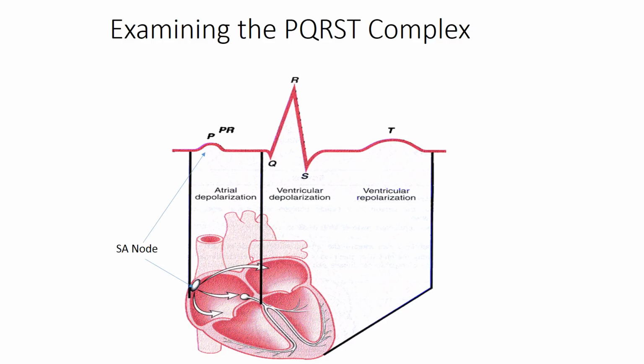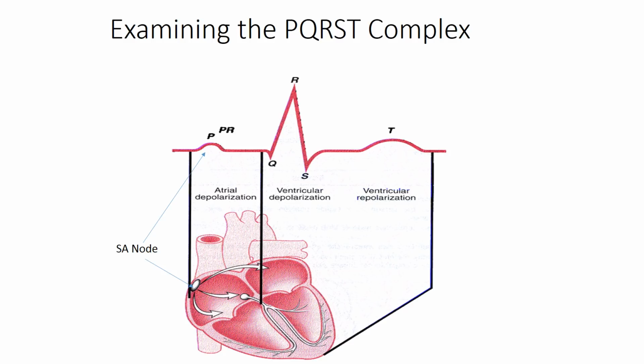Next, after the P wave, we flatline. There's no electricity, we're just waiting. And this is that pause at the AV node that you might remember. So a normal heart should have this flat pause representing that moment when the AV node slows electricity down and pauses everything. Next, we see a big QRS complex. This big amount of electricity is representing the biggest part of our heart depolarizing, the ventricles.